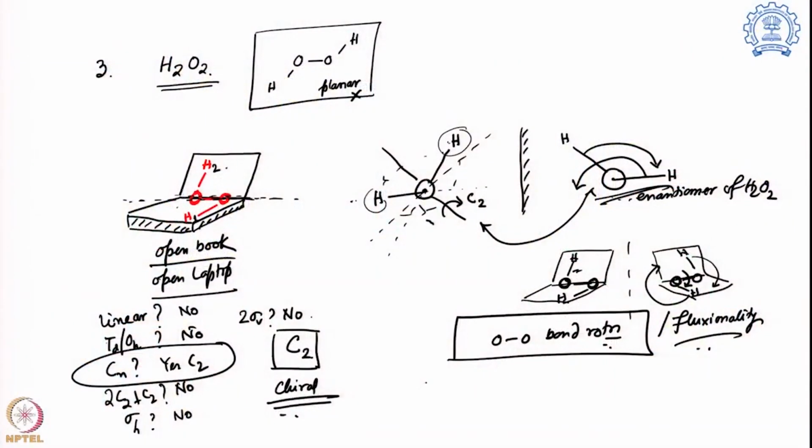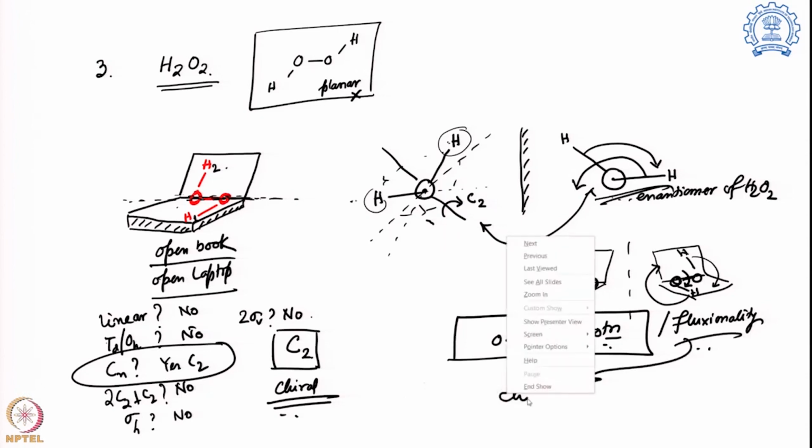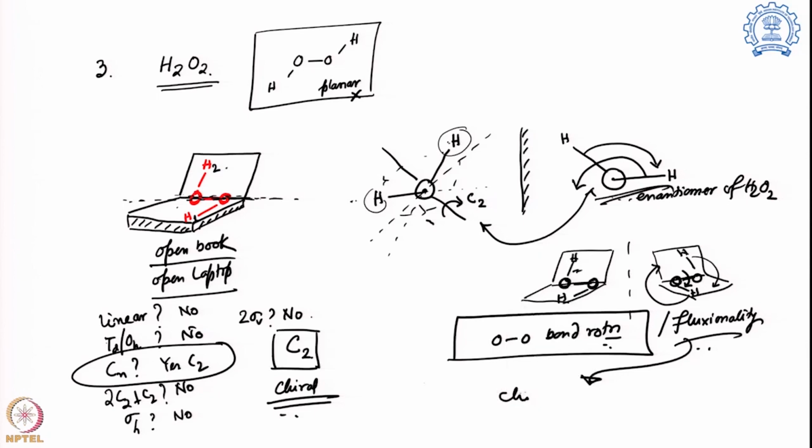And over here we say this fluxionality is the important factor which ensures that the chirality is not seen. So, that is actually killing the system.